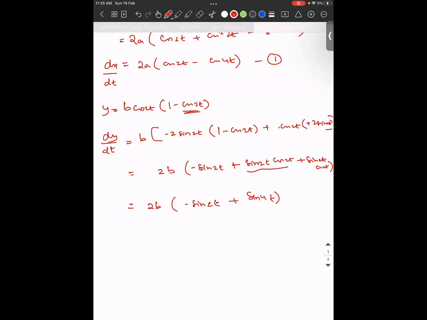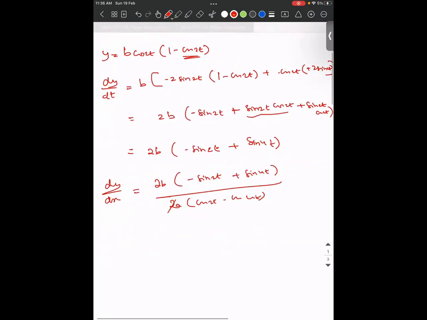Make sense? So dy by dx will be equal to 2b into minus sin 2t plus sin 4t divided by 2a into cos 2t minus cos 4t. Okay, 2 and 2 will get cancelled. What is the value of b by a? b by a is as it is.